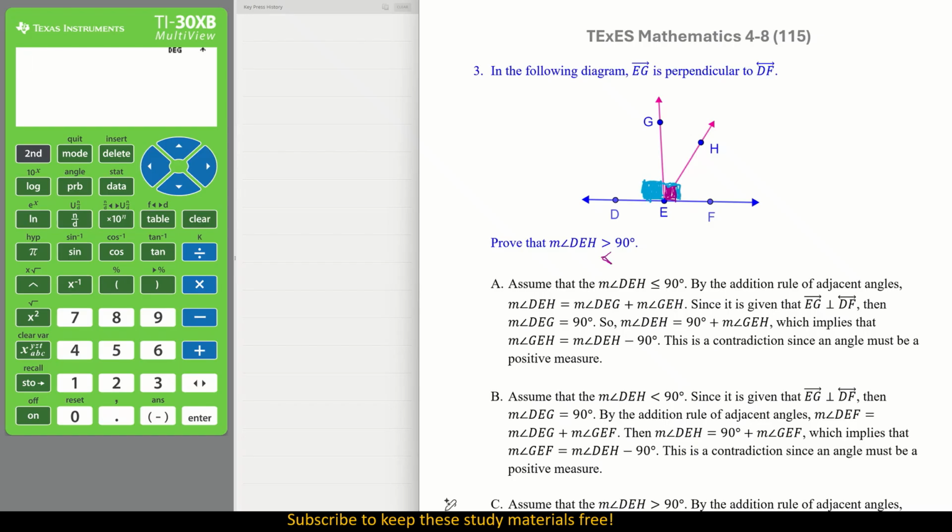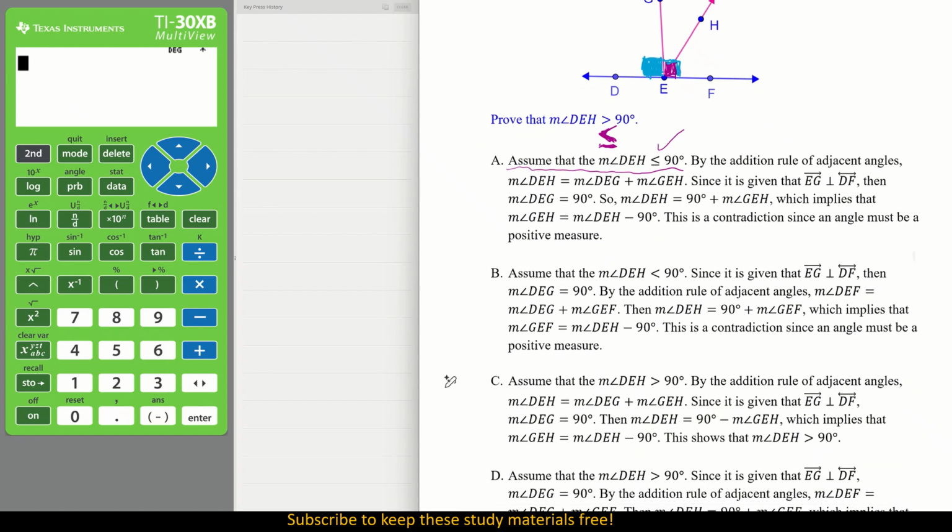It would have to be less than, but we also have to say equal to. So we have to say less than or equal to. So we assume that is the measure of DEH. Well, that gives me A. I like that. So let's go down and look at the others.